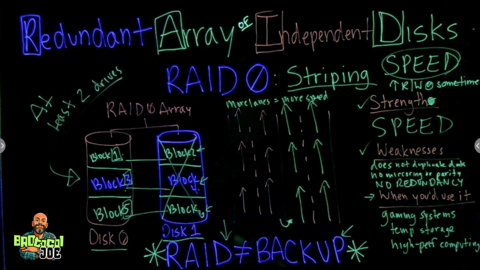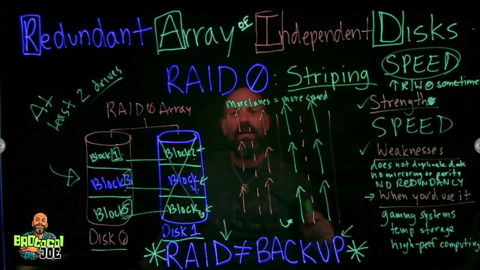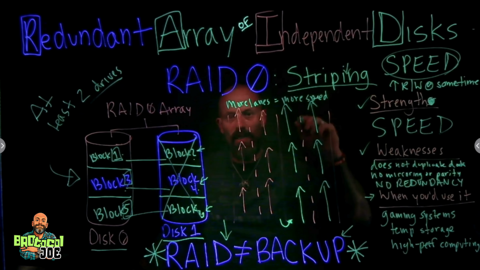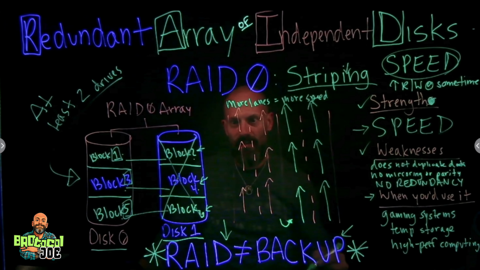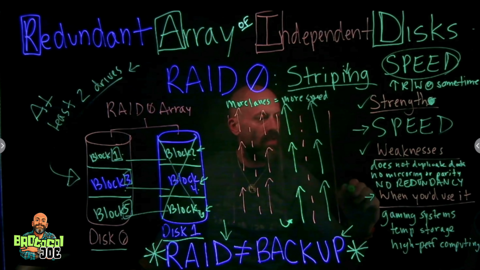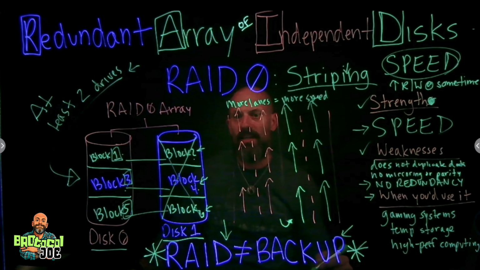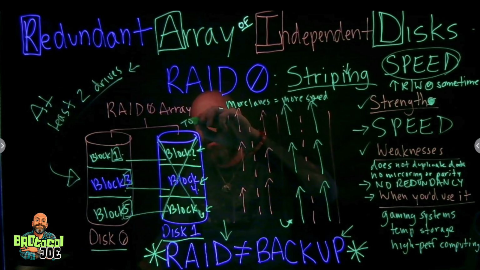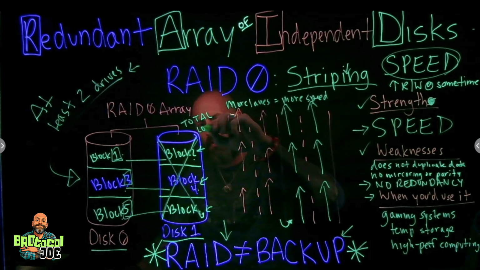So in a nutshell, RAID 0 has striping. It is fast. It takes a minimum of 2 drives. There is no redundancy, and one drive failure is a total loss.